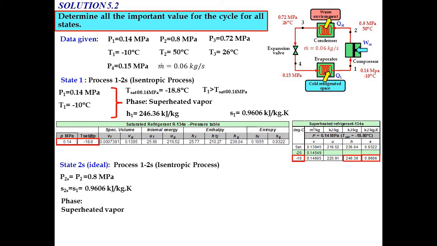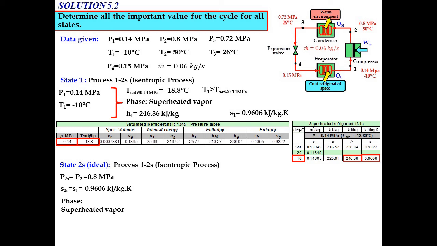Automatically we can know the phase of this refrigerant after the compression process, because initially at the inlet of the compressor the phase is already superheated. So for sure the phase at the compressor outlet will be superheated vapor.